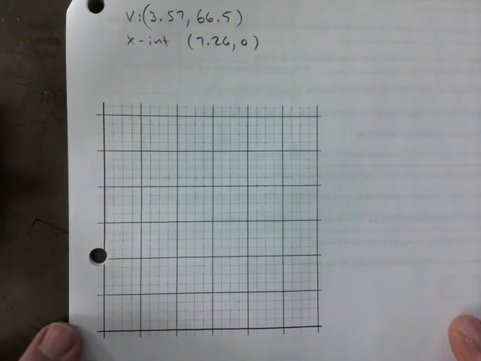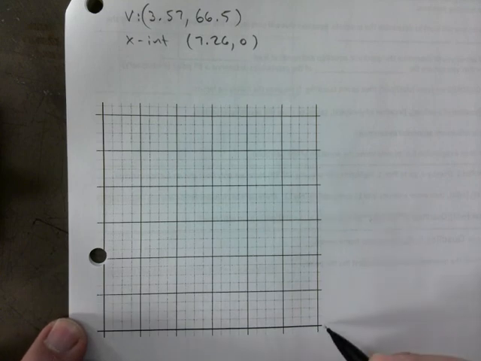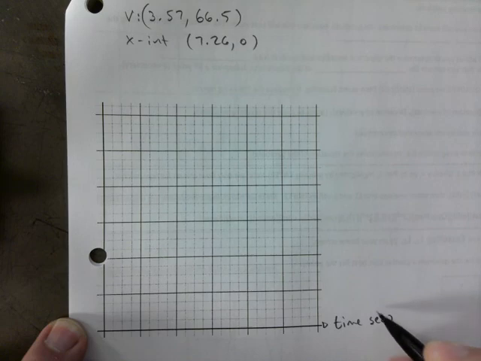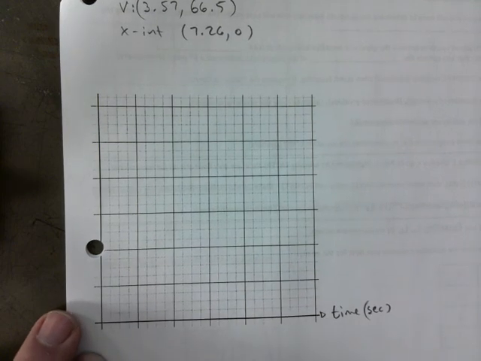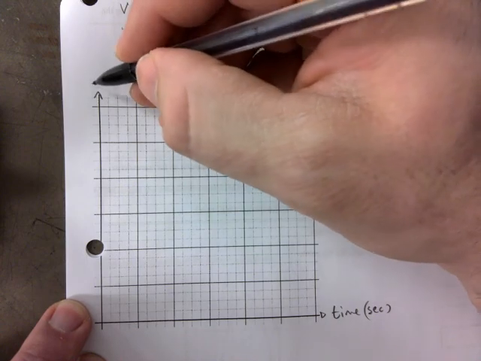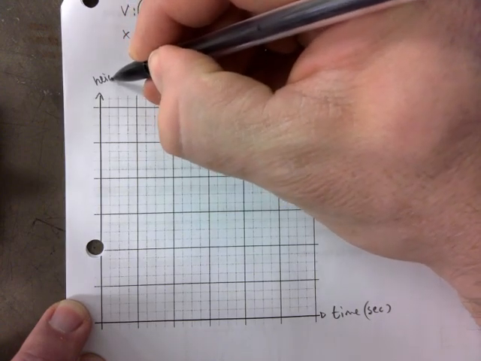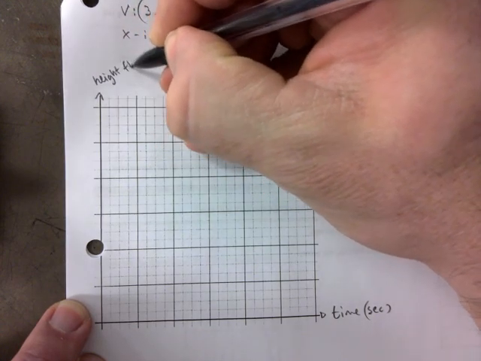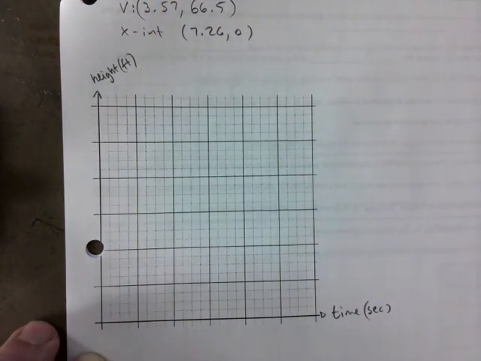So I transfer that over, and I determine that this axis here is going to be time in seconds. Graphs are going to be worth 3 marks most of the time. So height in feet, get that out of the way.